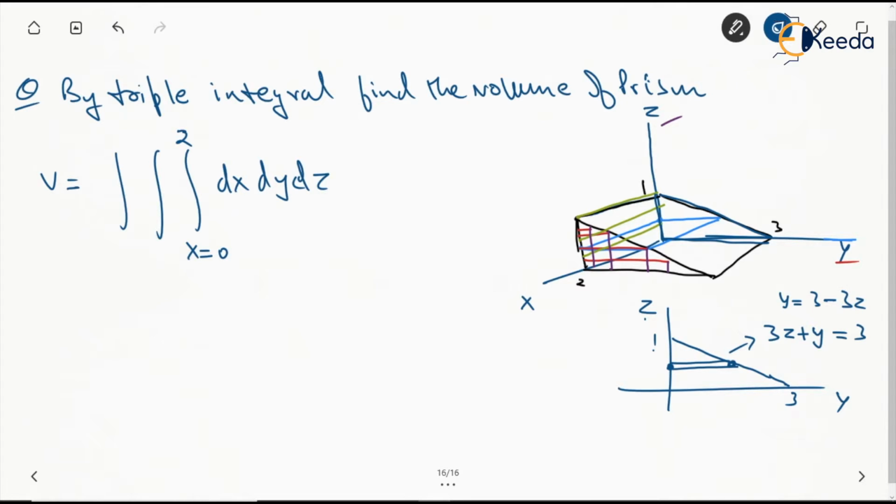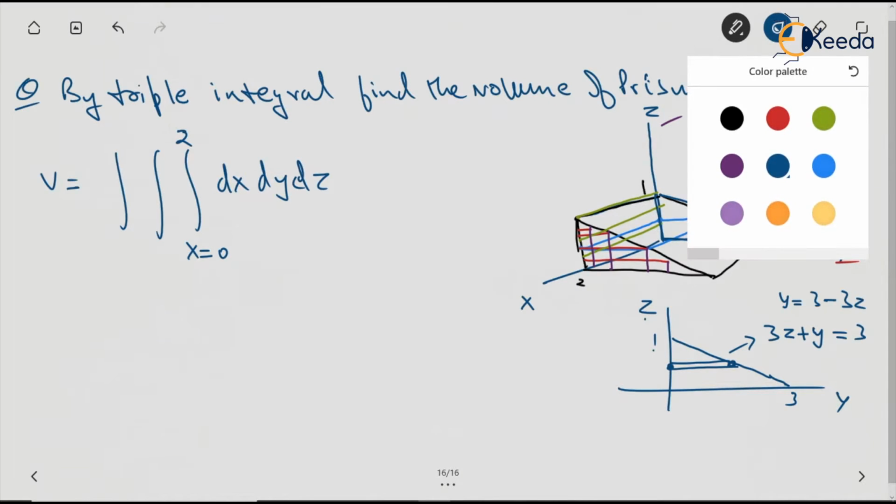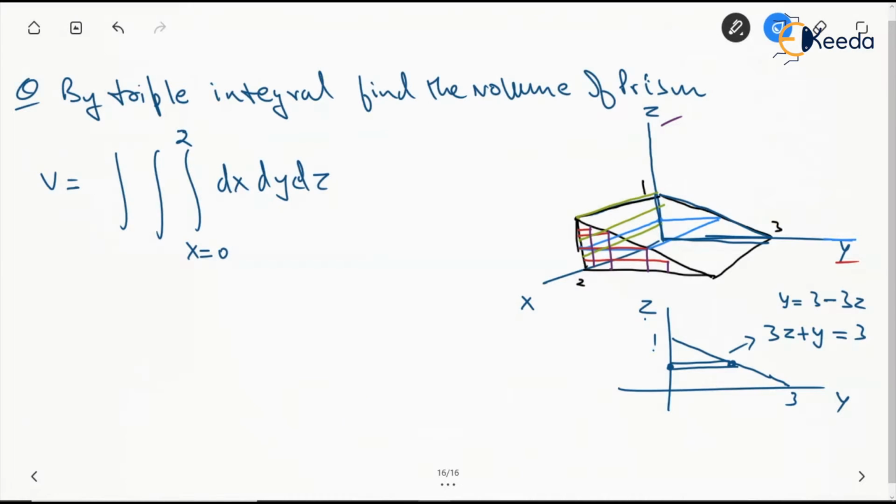And what is the limit for which this element is defined? It starts from z equal to 0 and it ends at, like we have already done in double integration, z equal to 1, right?